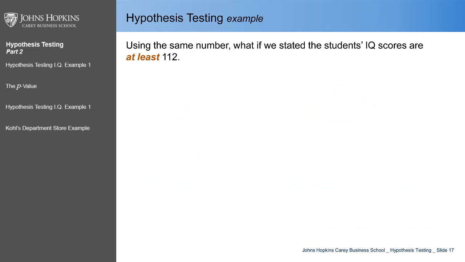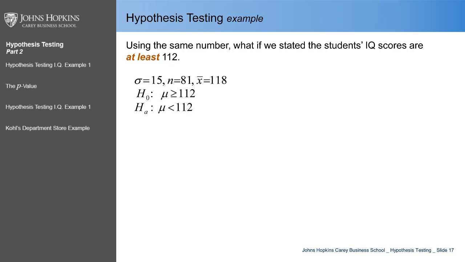Let's look at one more worded problem. We could also ask, what if we state the student IQ scores are at least 112? This is a different question. So again, remember that the wording of problems is very important.